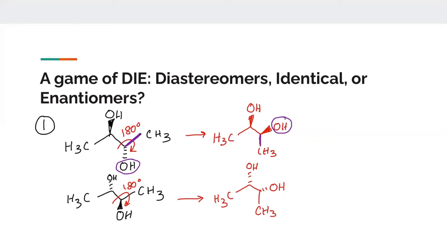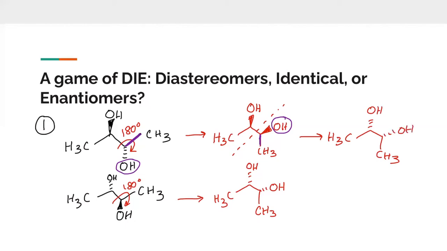In particular, you might notice that there is a plane right here. And if you reflect or rotate the molecule across that plane, if you, for example, just think about flipping the molecule 180 degrees around that axis of rotation, you will get this.